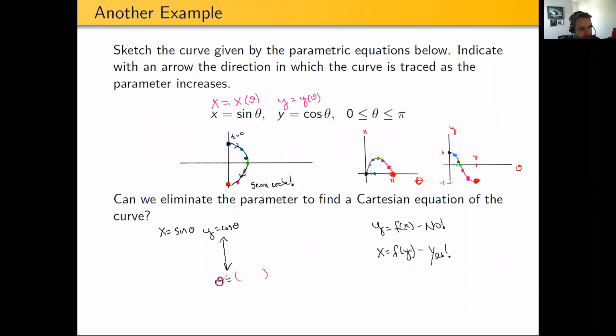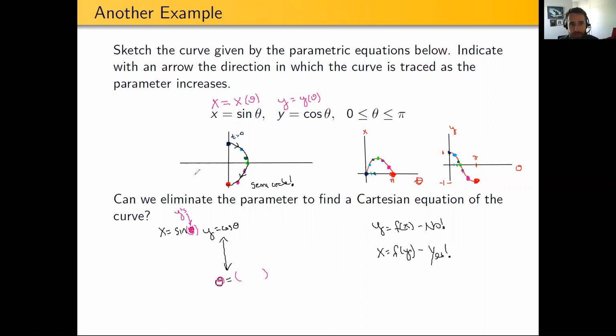Once I have that, I can replace what's in here with my expression involving y, and then I'll get x equals sine of this thing involving y. We'll end up with x expressed as a function involving y's.